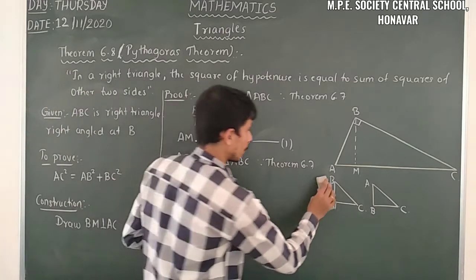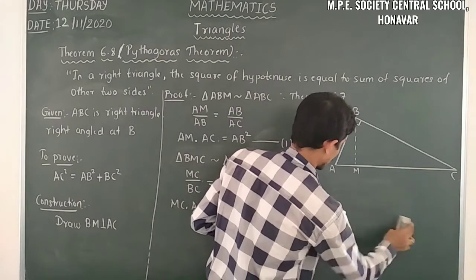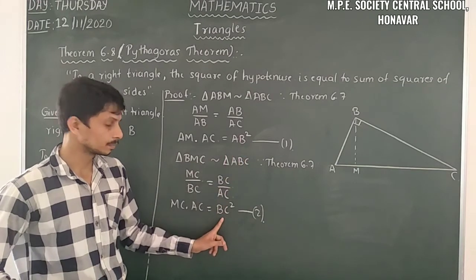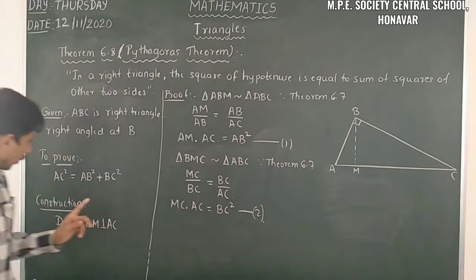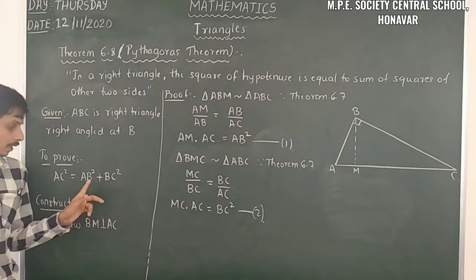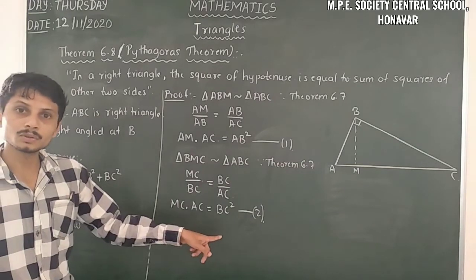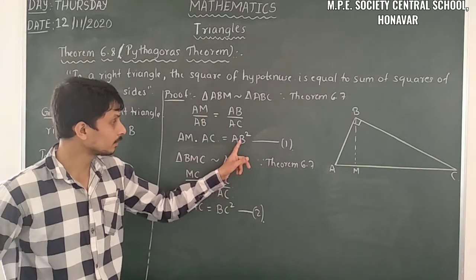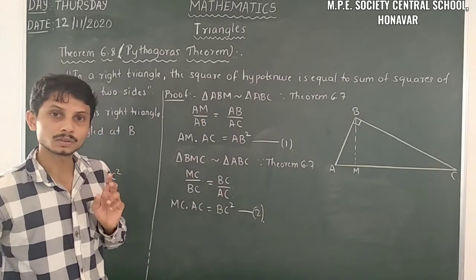Just observe, here AB square is there, here BC square is there. We want AB square plus BC square, so let us add those two equations.